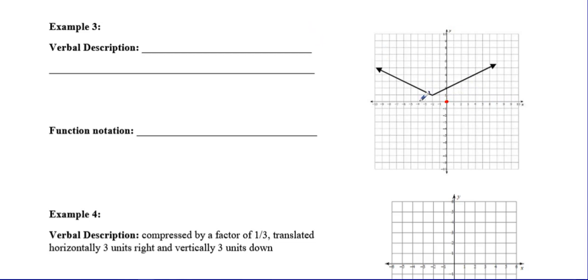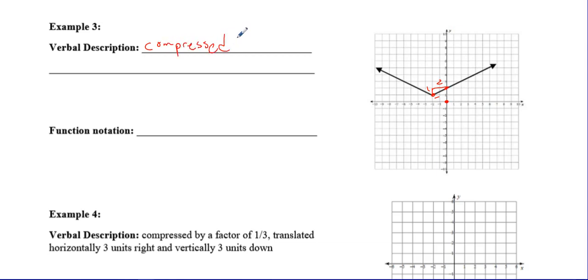Well, let's talk in order, right? It's not been reflected, so there's nothing to write. Here's my vertex. What does it do? That looks like a nice point. It goes up 1 over 2. So it must be compressed because it's going up less than it's going over.